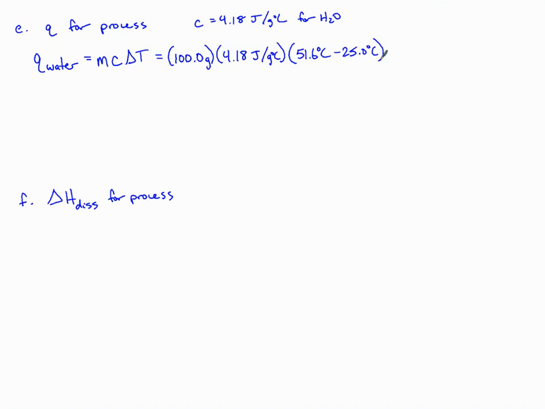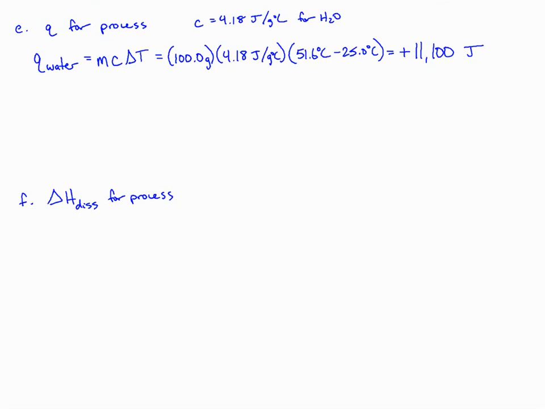Once you put this into your calculator, you come up with a number that is positive 11,100, and that is joules, capital J. So this is the Q with respect to the water. This is how much heat the water is absorbing.